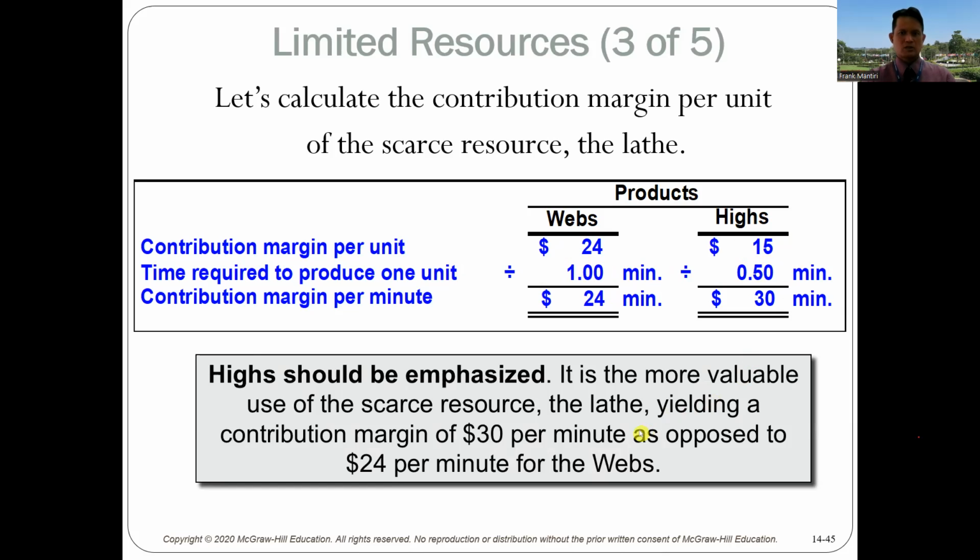So highs should be emphasized. Why? Because it is a more valuable use of the scarce resource, the lathe, yielding a contribution margin of $30 per minute, as opposed to $24 per minute for webs. You are able to see it here. So the manager has to put more emphasis on producing highs because it gives more contribution margin per minute compared to webs, which only has 24.